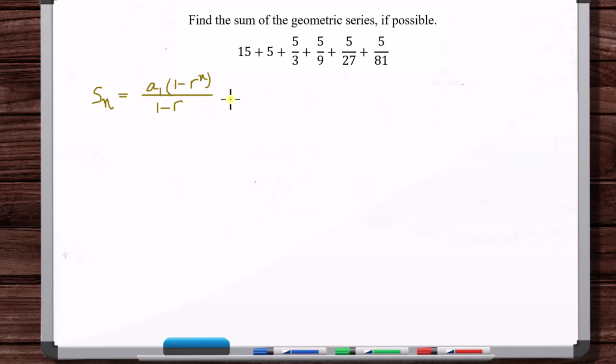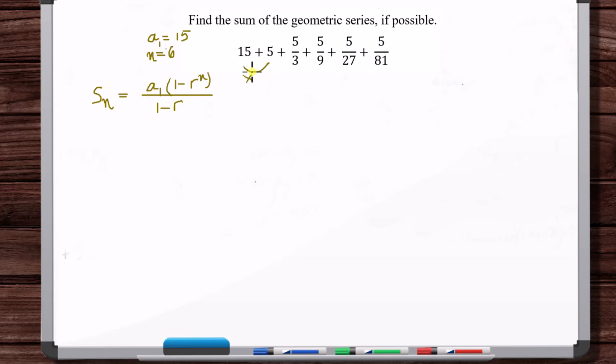And we know a sub 1 is 15. And we know we're going to want to sum the first n is equal to 6 terms. So now we just need r, and it's telling us it's a geometric series, so it should have the same common ratio.